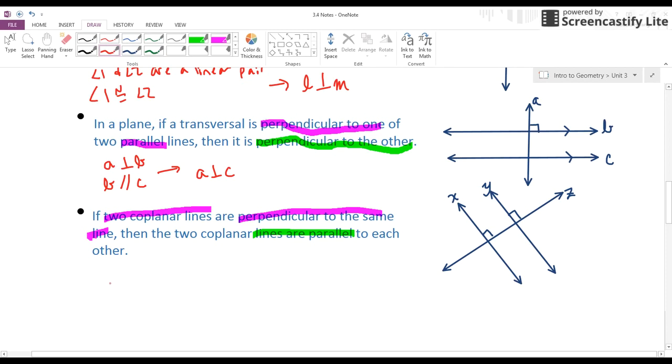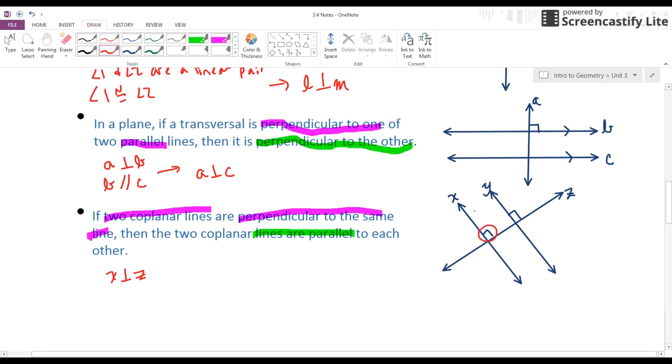So you have to be given two things here, right? X is perpendicular to Z in the diagram, and I just drew it a little differently so you guys can see we're not always going to look at them in a horizontal or vertical position. It can be shown in any way. Just look for the key pieces. So we see that X is perpendicular to Z by definition. Again, see this right angle. That's the key thing we're looking for.